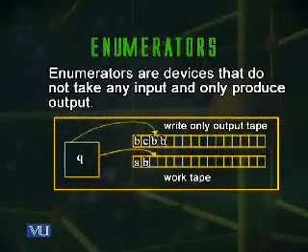Let's look at a picture of an enumerator. As you can see in this picture, what we have is a finite set of states. There is a work tape and there is an output tape, which in this picture is shown by a printer. This enumerator will, when it's turned on, start working and producing some output.